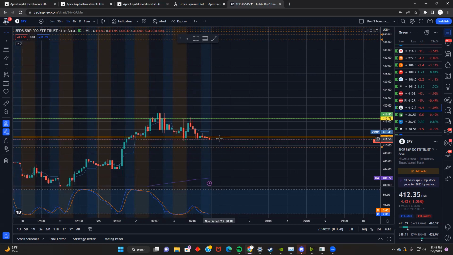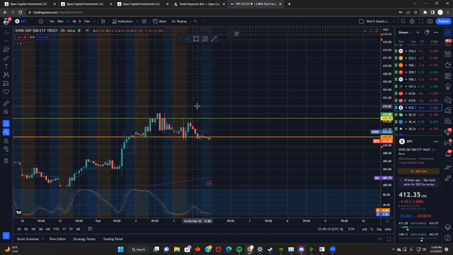So we should see a $4.73 drop if we hold under 412. Now, what would those targets be exactly? Well, above 416.80, if we add $4.73 to that, 416.80 plus $4.73 gives you a price target of 421.53.